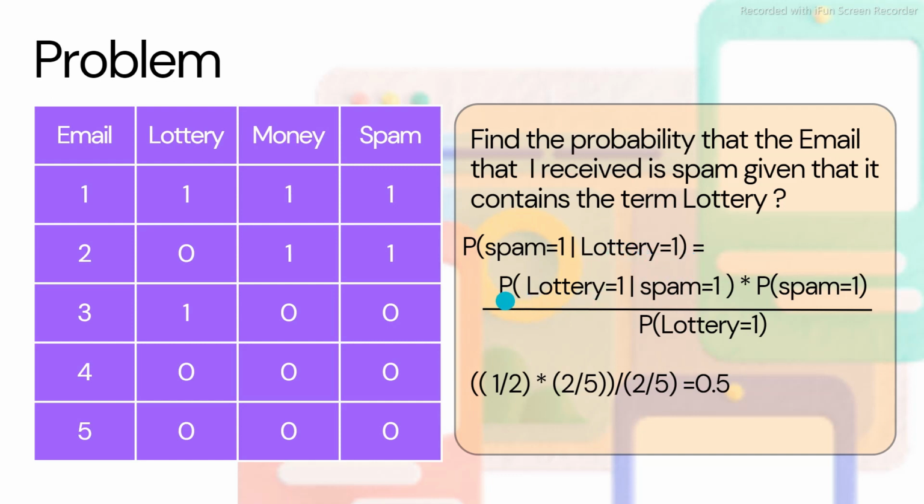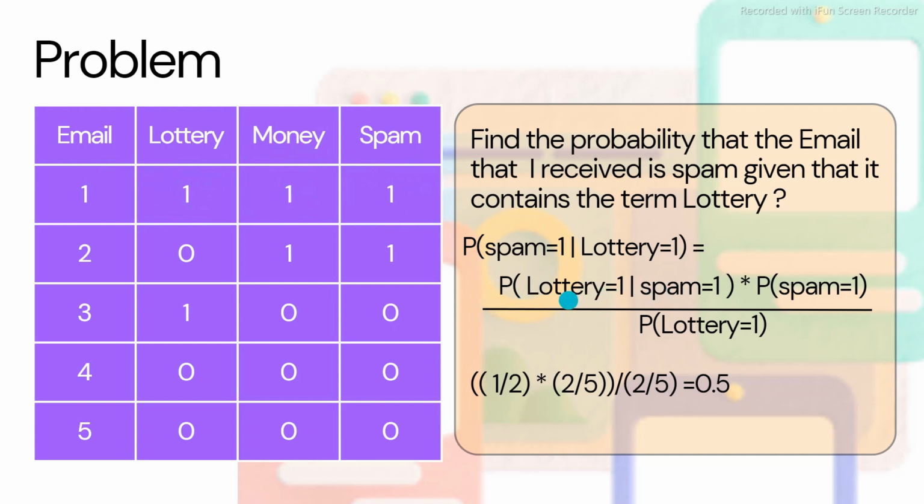For that we have P(spam = 1 | lottery = 1) = P(lottery = 1 | spam = 1) × P(spam) / P(lottery = 1). Here the probability of lottery equal to 1 and spam equal to 1 is 1.